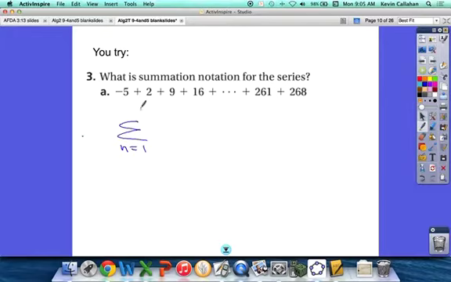And then you have to figure out what number goes on the top. Right? You can come up with the an.